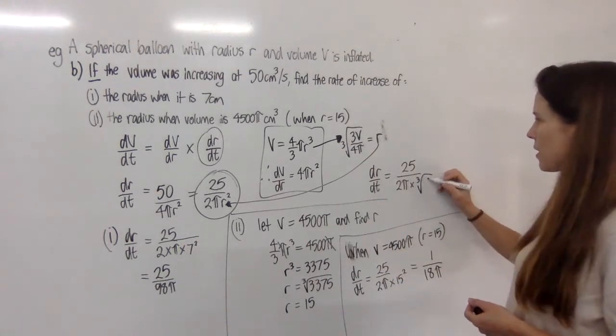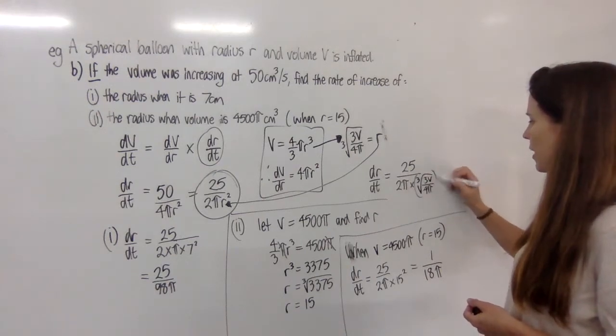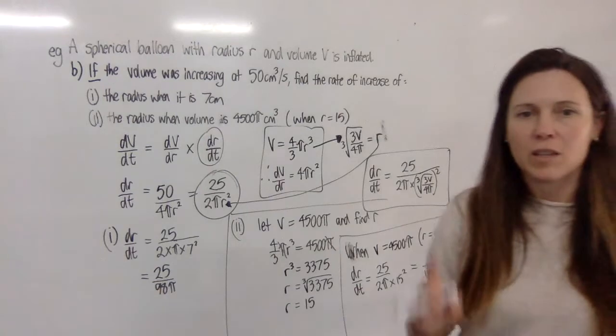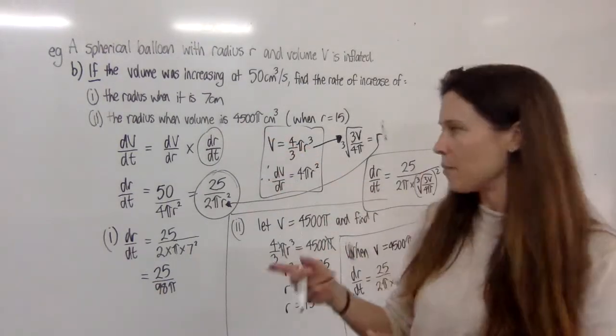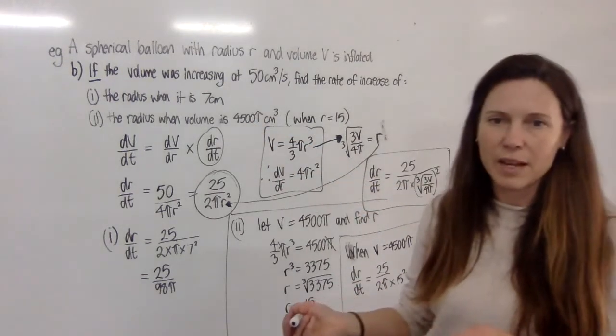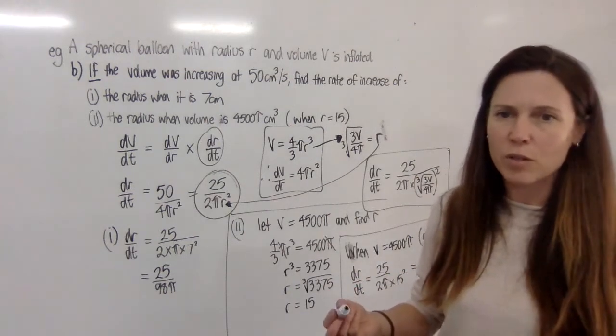Now, pretty messy, 3V over 4 pi, and then I have to square that whole thing. Now, I could have used that formula, so that then when they say, hey, when the volume is this, what will dr/dt be? I could just sub that in where the V is, and out would come my answer. Obviously, I could also probably tidy this up a little bit better too.